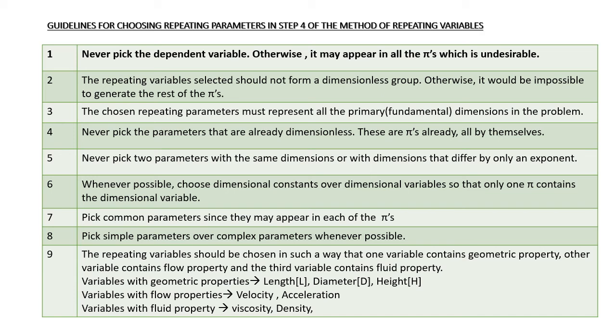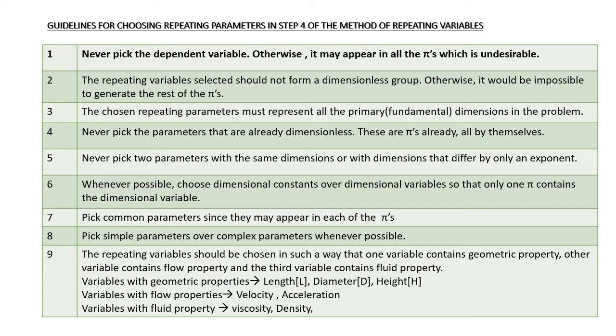The third rule is that the chosen repeating parameters must represent all the primary dimensions in the problem. Whatever repeating parameters you are choosing out of the given parameters in the problem, all the repeating parameters should contain the primary dimensions.